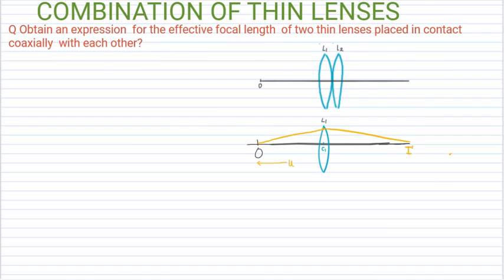So the distance from the object O to C1 is your object distance, and the distance from the center of the lens to the image is your image distance, denoted by V dash. So this is how your lens L1 works.